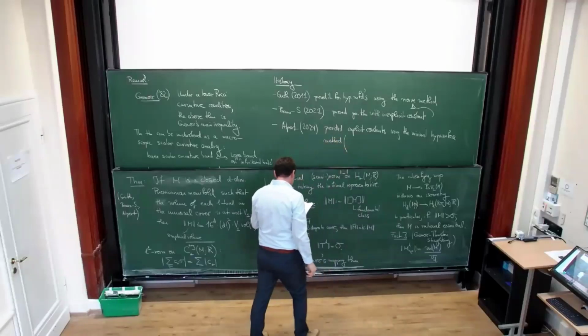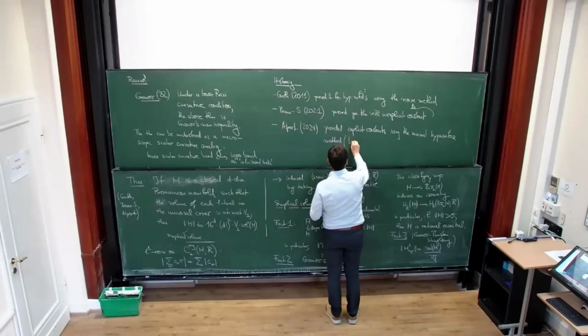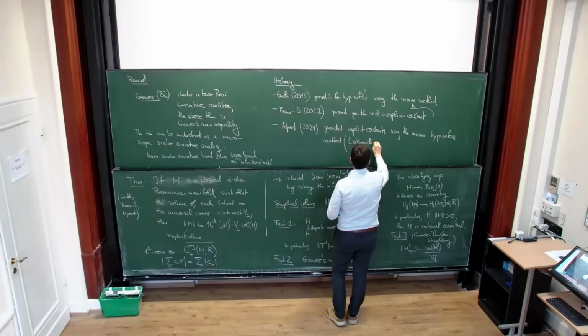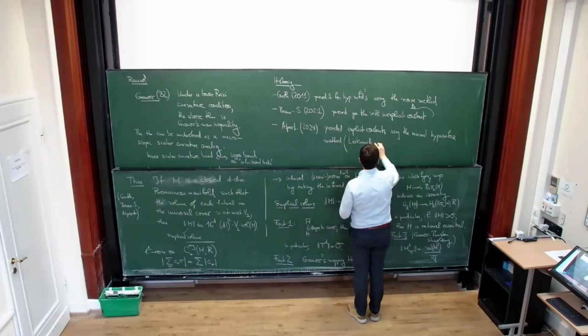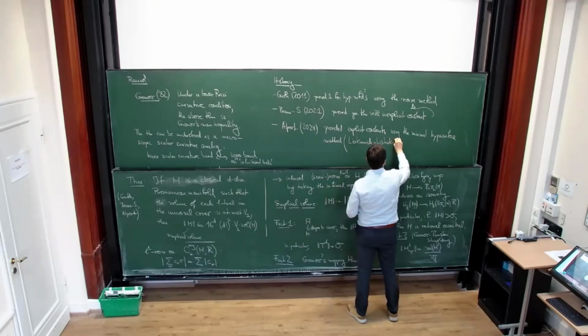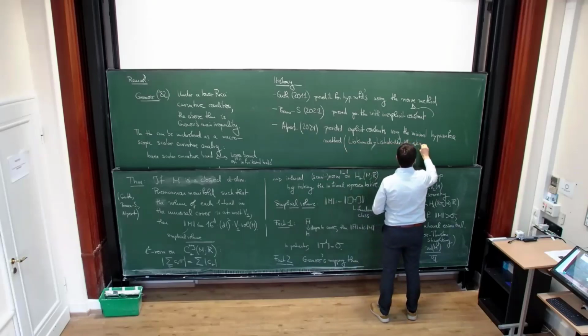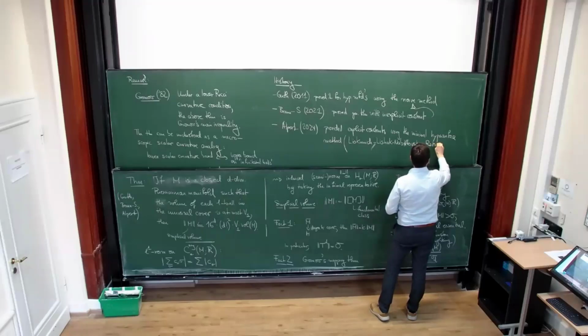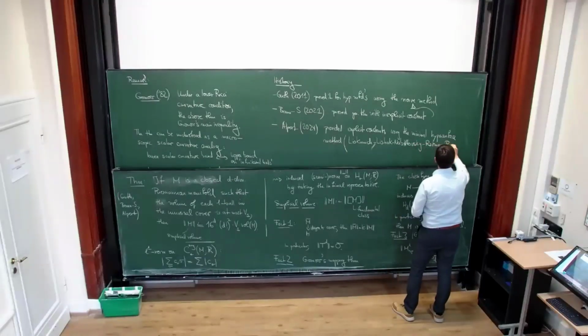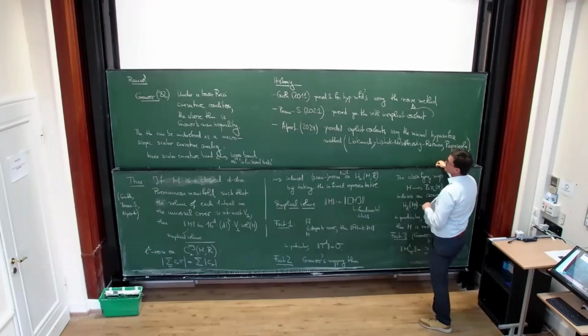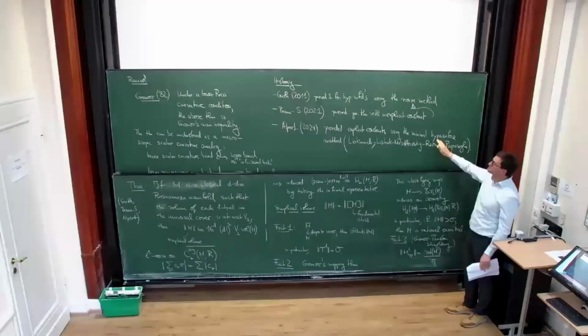Let me write down some names and then I will comment on this: Gromov, Ishak, Nabutovsky, Rotman, and Papasoglu are the names I want to mention here. So what is this?